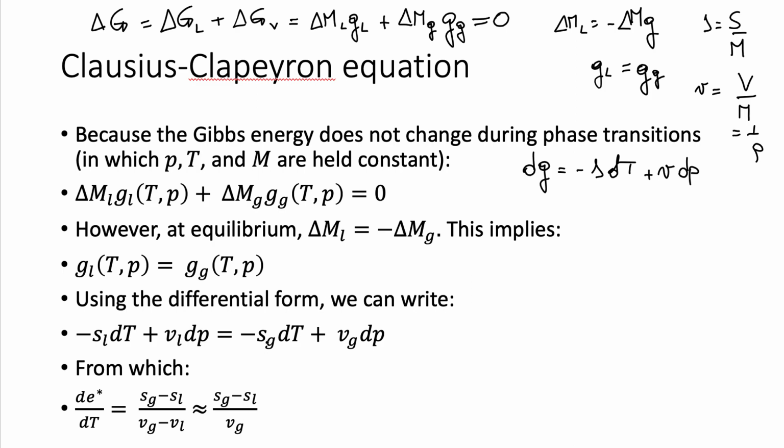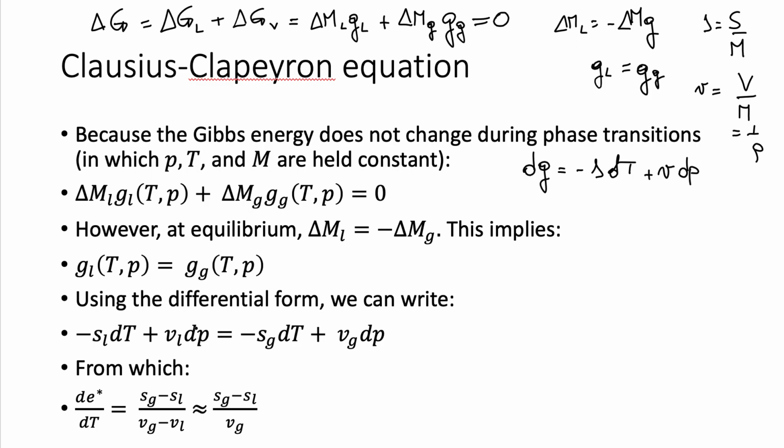And what do we need from this? Well, this dp, remember that p in this case is the pressure of the vapor, so it's e, and remember that we're at saturation, so this dp is really de star. So this is exactly what we need.